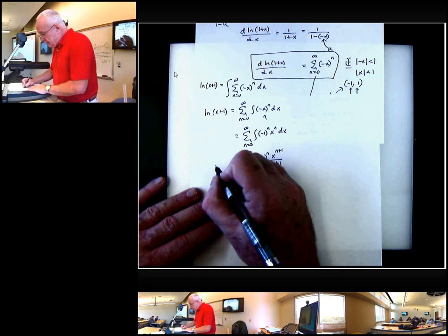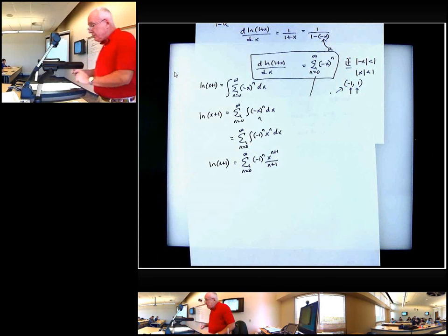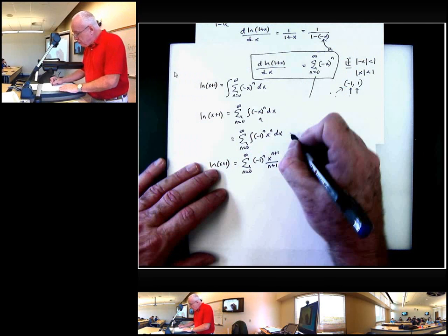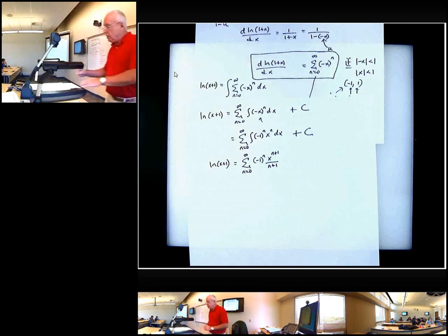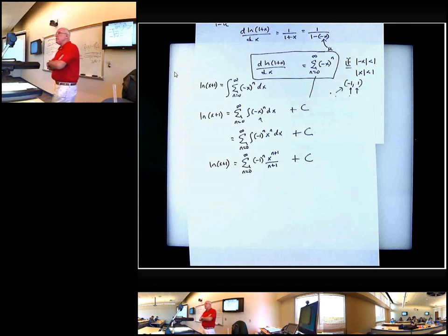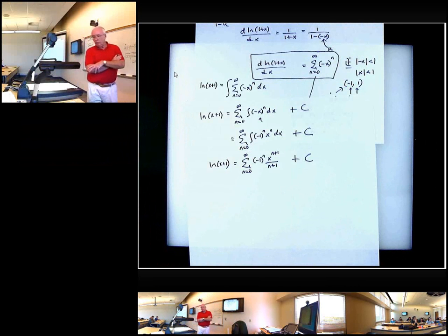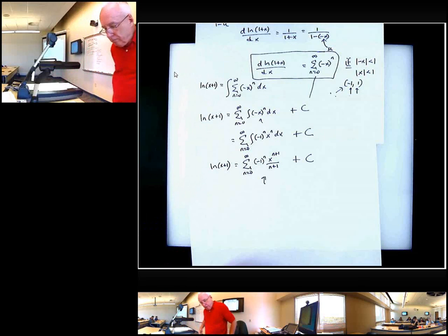And now this time around, though, I do have to add on a plus c. So this is plus c, because we're trying to find an antiderivative. Okay. So we've got a power series right here.